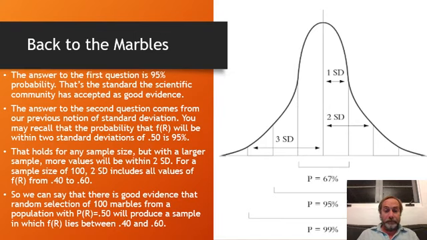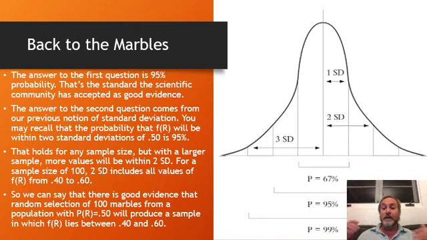Now, that's the case for any sample size. Standard deviation is independent of sample size, but with a larger sample, you're going to have more of the values within two standard deviations. So for a sample size of 100, two standard deviations includes all values of the relative frequency of R from 0.4 to 0.6. So we can say that there is good evidence.